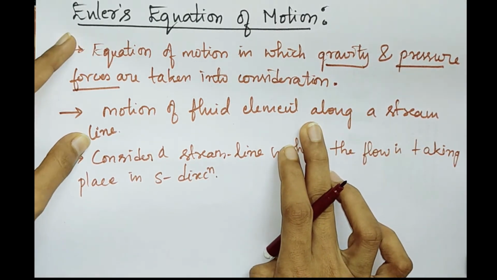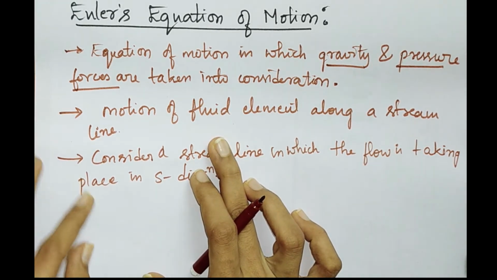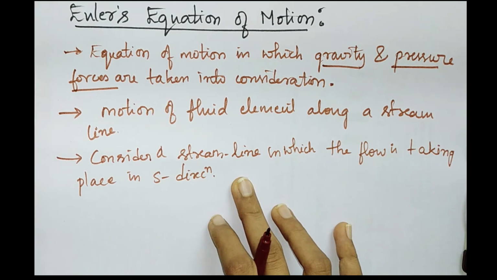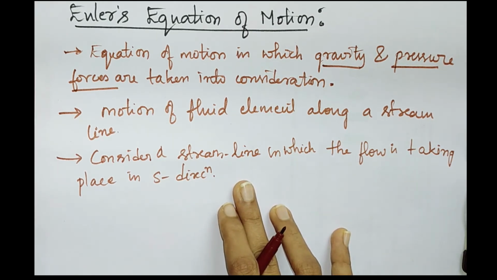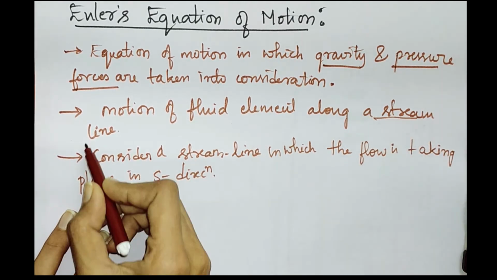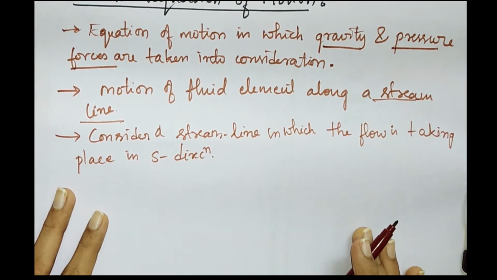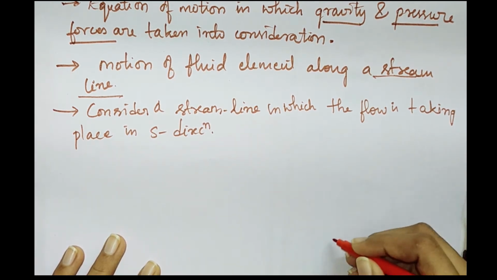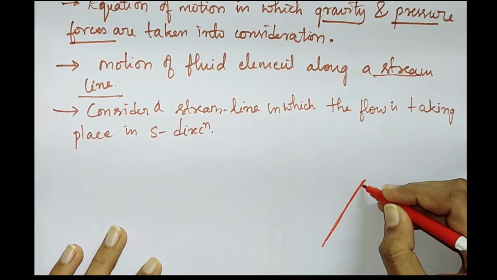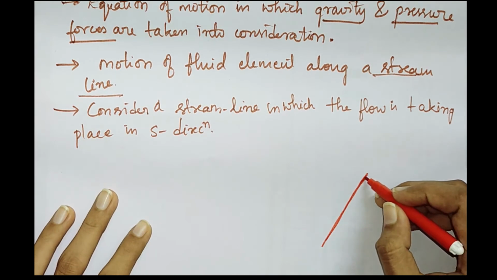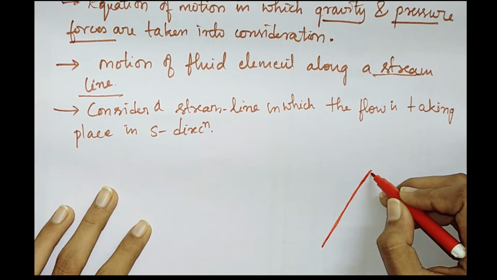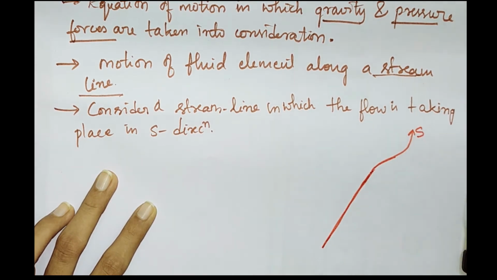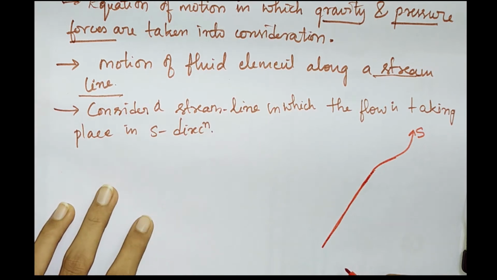To obtain it, we consider a streamline in which the flow is taking place in the S direction, and the important thing is that we consider a fluid element along the streamline. Now I'll draw the figure. We consider this as a streamline, and the flow is taking place along it in the S direction.